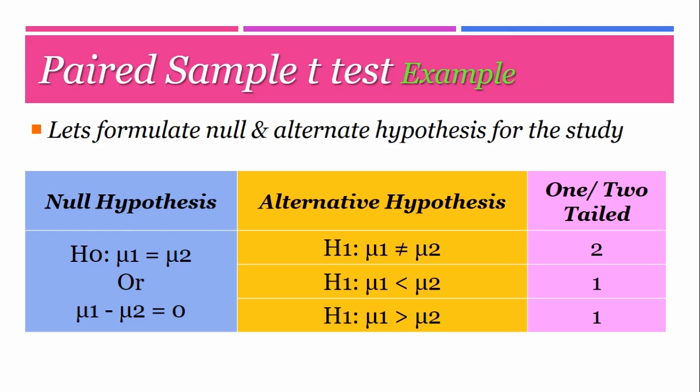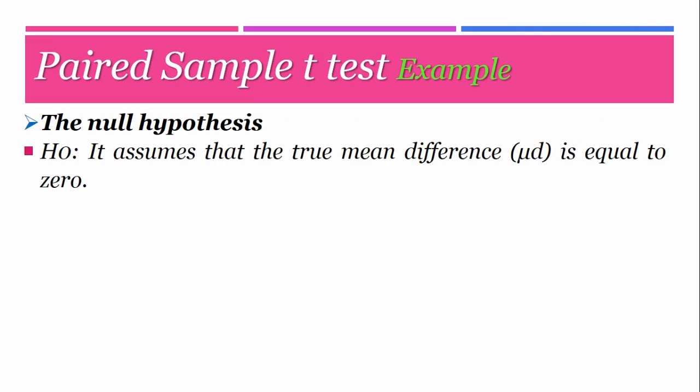We can formulate an upper-tailed alternative statement also, such as H1: the mean difference of treatment is greater than 0, or a lower-tailed alternative statement can be formulated as the mean difference of treatment is less than 0. So in this way we can formulate the null as well as alternative two-tailed and one-tailed hypotheses. The same in words can be mentioned as given here.